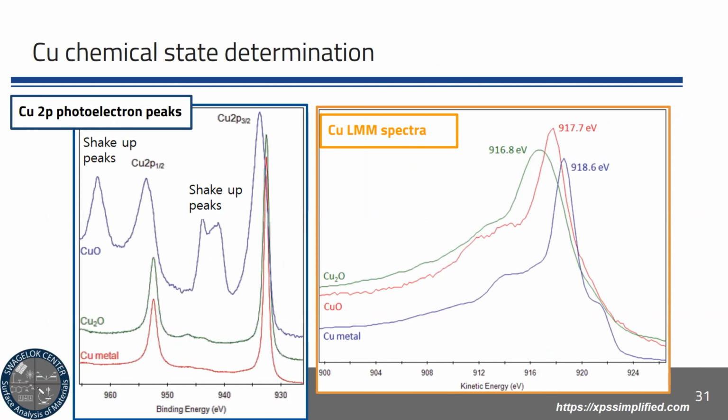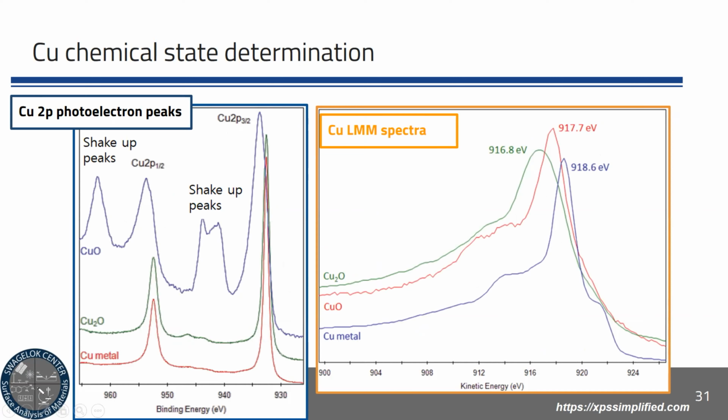I just wanted to give you an example where sometimes just a photoelectron peak itself is not enough to differentiate between the chemical state of an element. So example here is for copper. On the left, you see the copper 2p photoelectron peak, where you have the cupric oxide in blue, copper 1 oxide in green, and the copper metal in red.